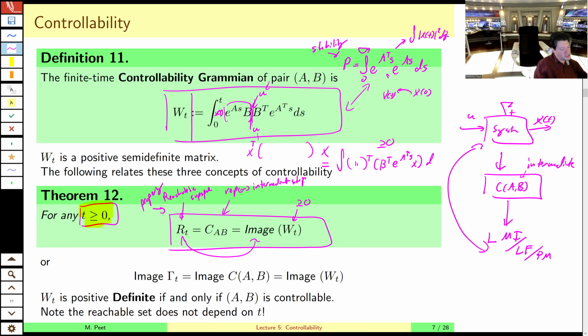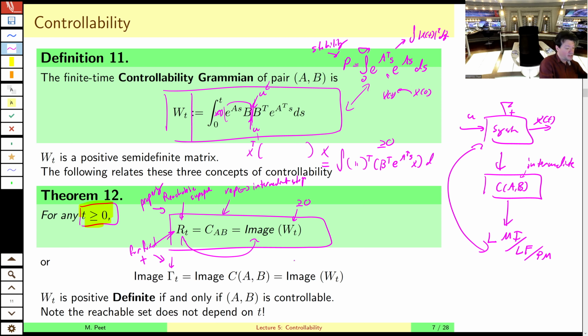Now, why is this interesting? Why do we even have the intermediate step, in fact? Well, it's important. That's where the "for any t" comes in. Remember, the reachable set is the set of states we can reach at time t, so it's a subspace defined for a fixed t. And our image of that system map from input to state is for a fixed t as well.